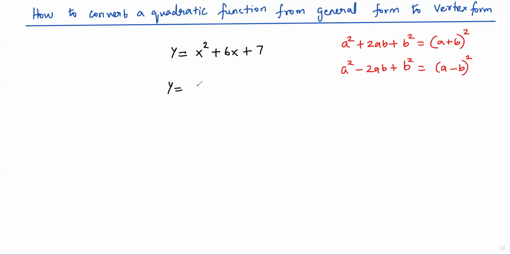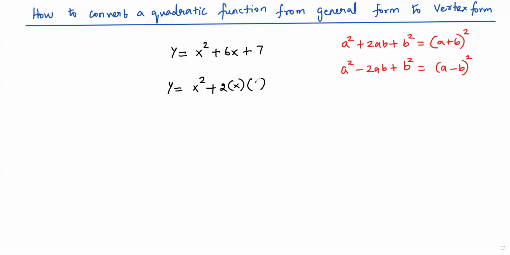So y = x² + ... Already we have compared this x² with the first term of the trinomial, so I have x for a. Now I have to write this 6x in the form of 2ab. So 2 times, since we have x for a, first I write x.